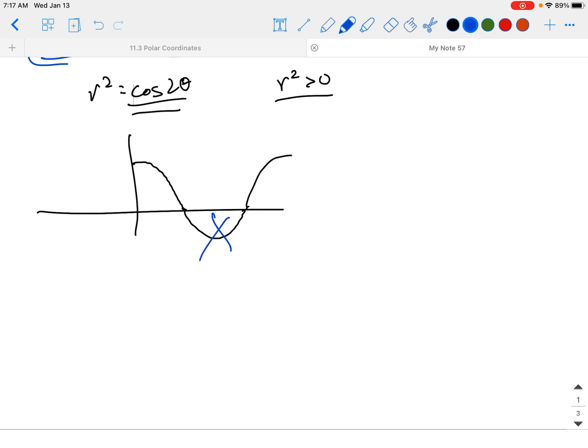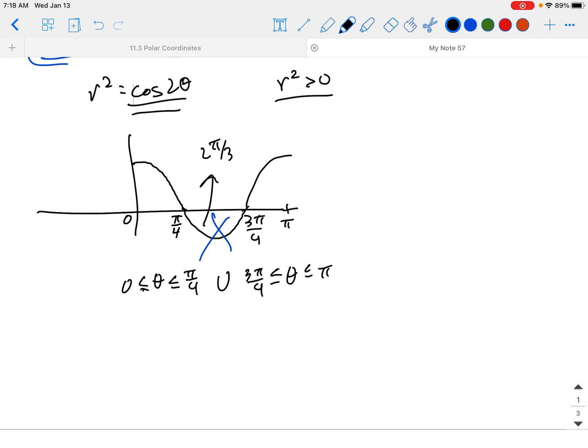So what we'll note is that we can't have any of these values where we get a negative output, which means that we're going to be stuck between 0 and pi over 4, and then 3 pi over 4 to pi for the first period. So our domain then is going to be 0 to pi over 4 union 3 pi over 4 to pi. And we'll note that in here is 2 pi over 3, that angle measure that we were looking for.